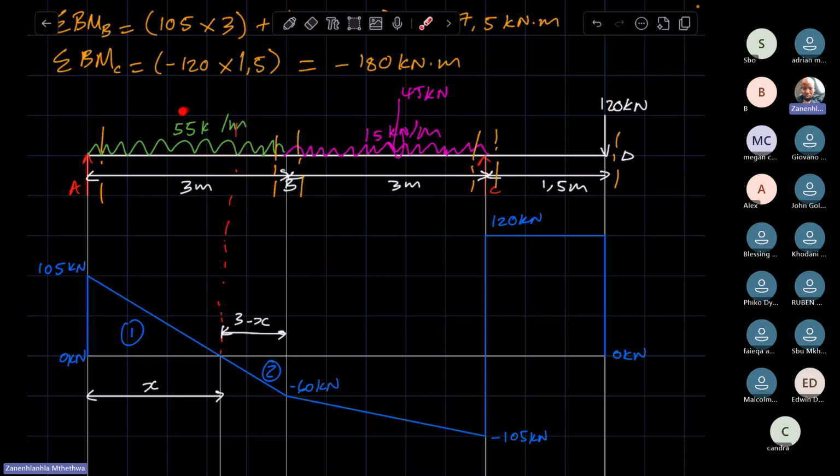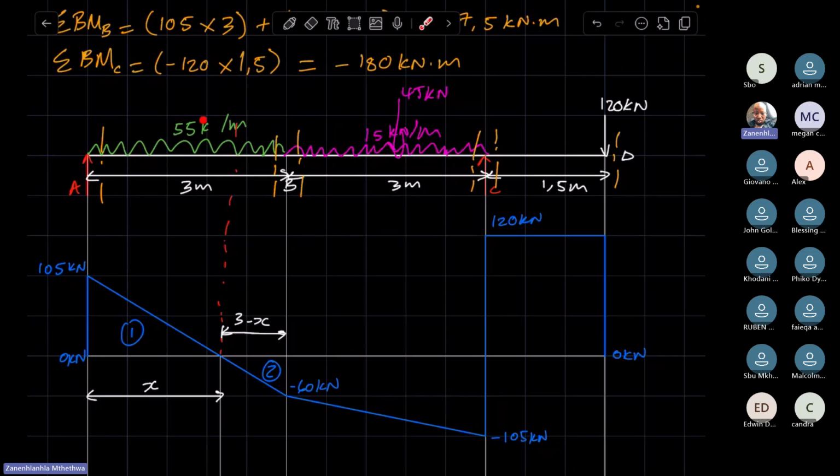In order to resolve this into its weight, you have to multiply this by the span of the UDL. Now, in this case, the span of the UDL we are considering is this one, from here to there, which is this X value. We are not considering the entire span of the UDL, but we're only considering this X span of the UDL.